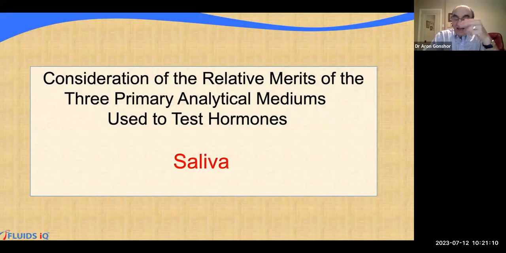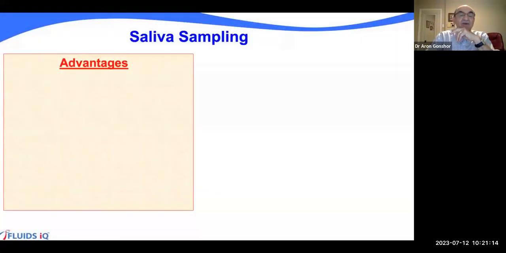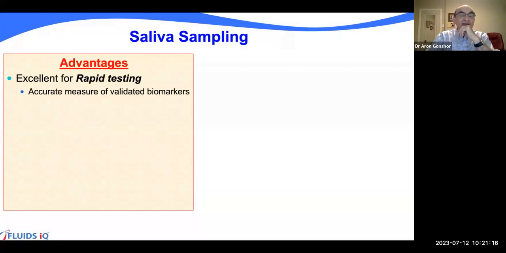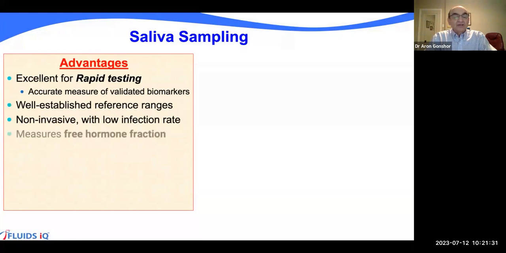Let's take a look at saliva, because saliva has certain advantages. Number one, very rapid testing. It's very accurate in measuring a lot of very validated biomarkers, of which there are hundreds now, and has very well established reference ranges. It's by definition non-invasive, with very low infection rates. It measures the free hormone fraction.